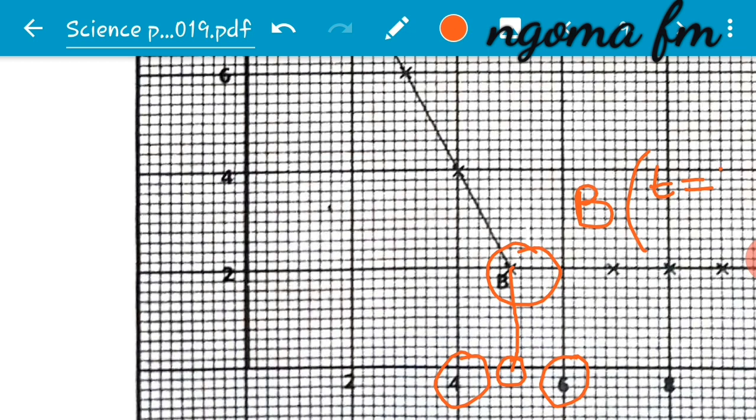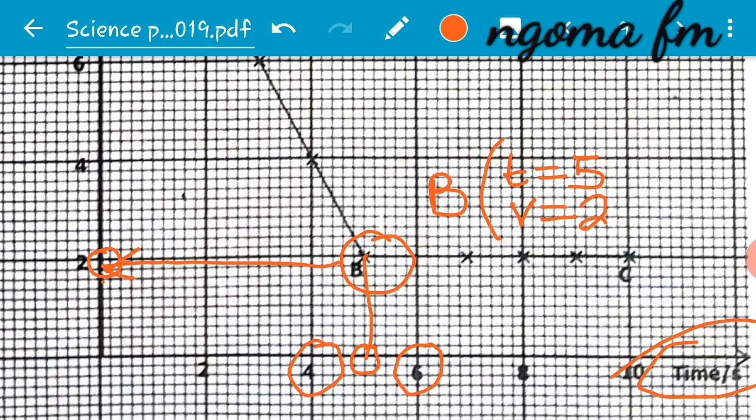So t is equal to 5 seconds. And the velocity there is this point here. The velocity is 2, so v is equal to 2. The velocity is 2, and the time is 5.